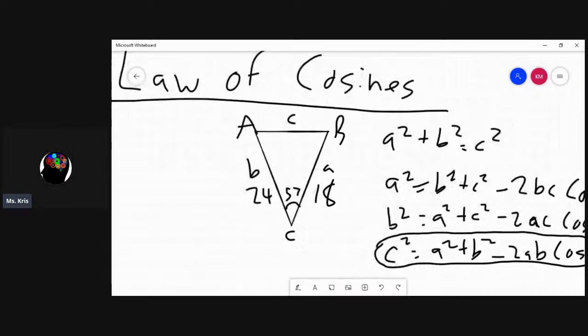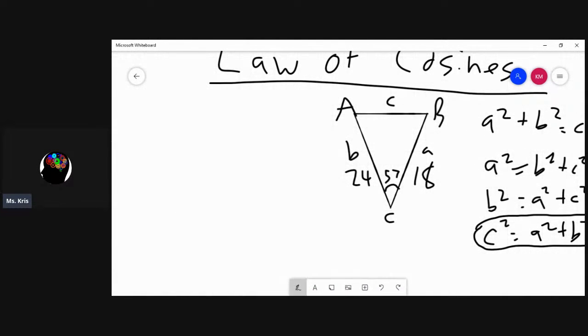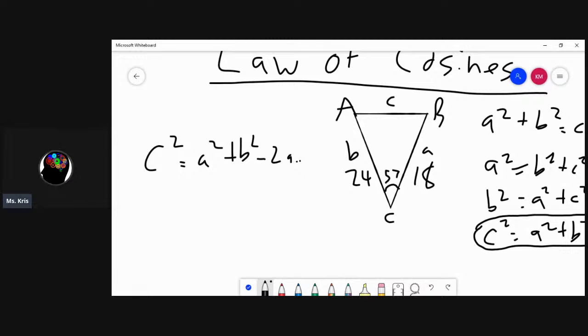C squared equals A squared plus B squared minus 2 times A times B times the cosine as it relates to angle C. The reason why is because we're trying to find C.